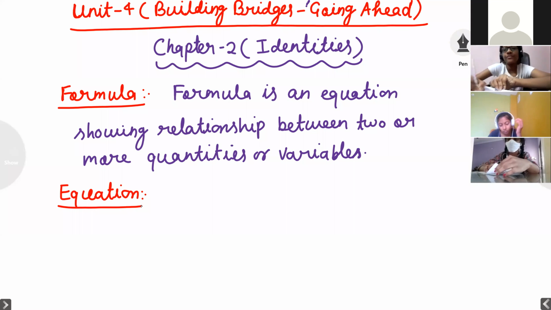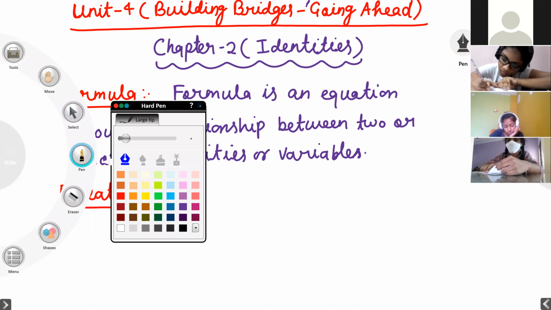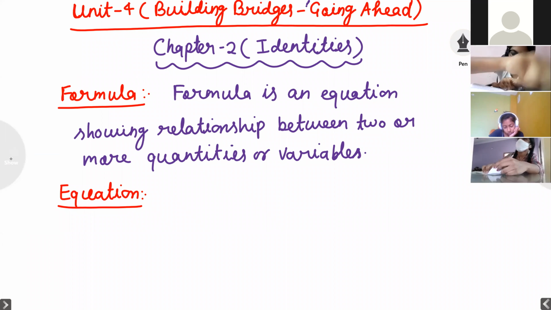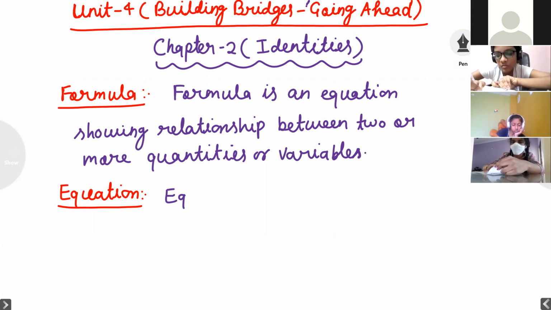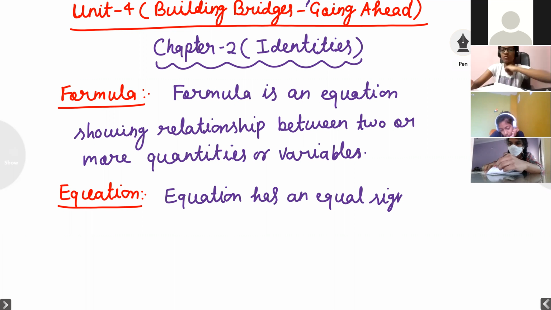Note down equation. Equation has an equal sign. The symbol is equal to.